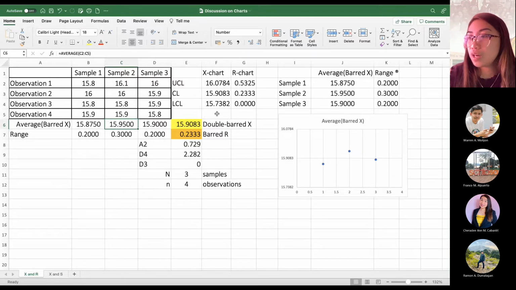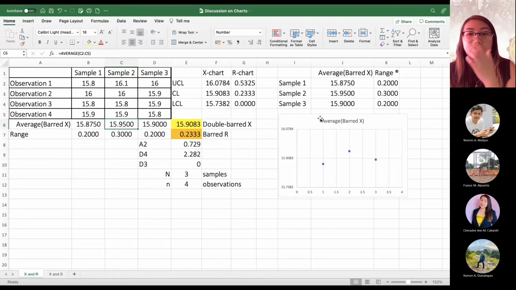And then of course your CL will change, 15.9083 also. And your LCL here is 15.7382. Okay, correct now.